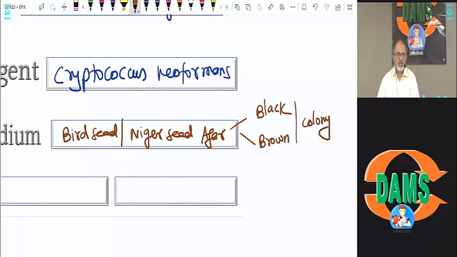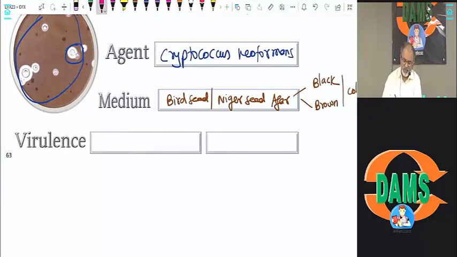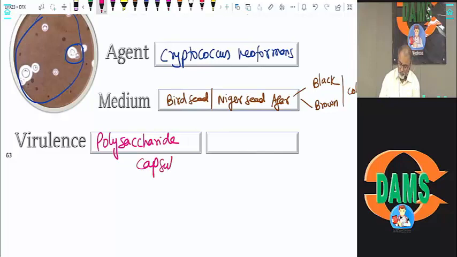Why? Melanin. Important virulence factors are polysaccharide capsule and melanin. Do not forget melanin.